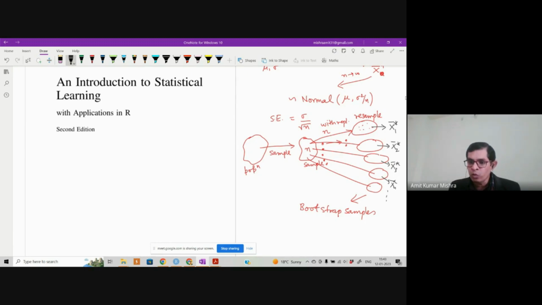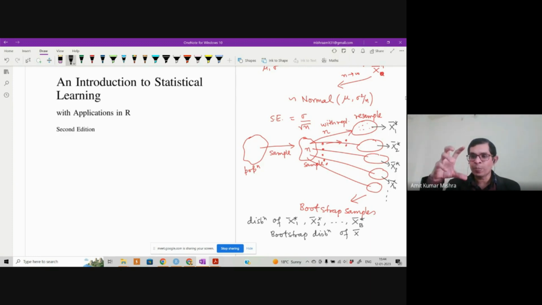And when you find the distribution of x1 star bar, x2 star bar, and so on, for example, if I take B bootstrap samples, the distribution of all these numbers is called the bootstrap distribution of x bar.